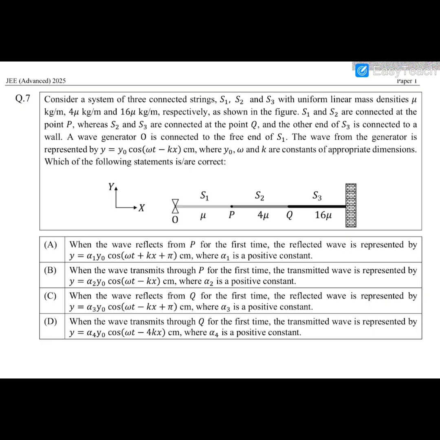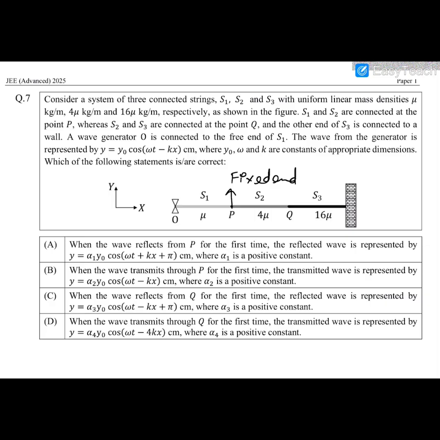First, the wave is traveling from a rarer medium to a denser medium, and hence this end will be a fixed end, because when a wave travels from rarer medium to denser medium, the interface behaves like a fixed end.